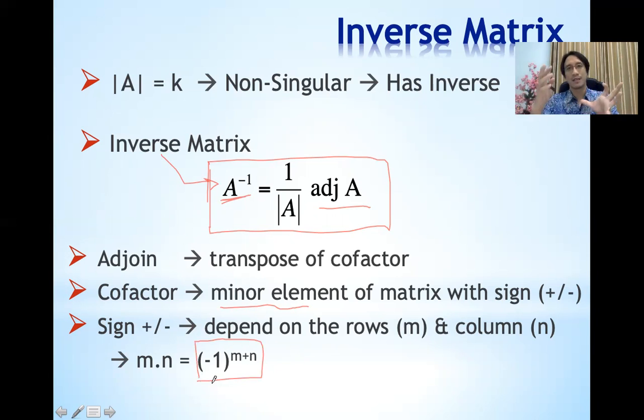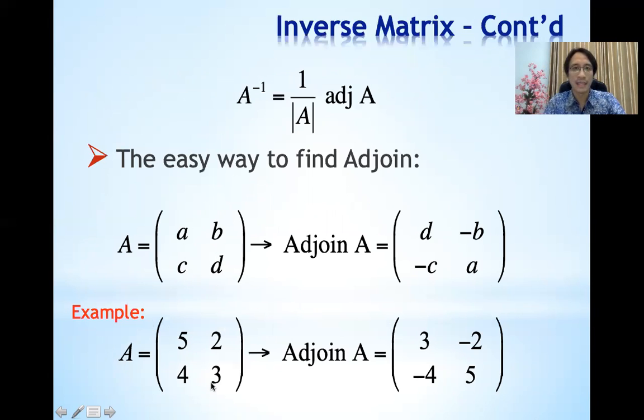We are going to try this after we see the adjoint, the easiest way to find the adjoint. In high school, maybe you have also learned about it. So if you have matrix A, B, C, D, then for the adjoint of A, simply swap the A and D and put the B and C with a negative sign.